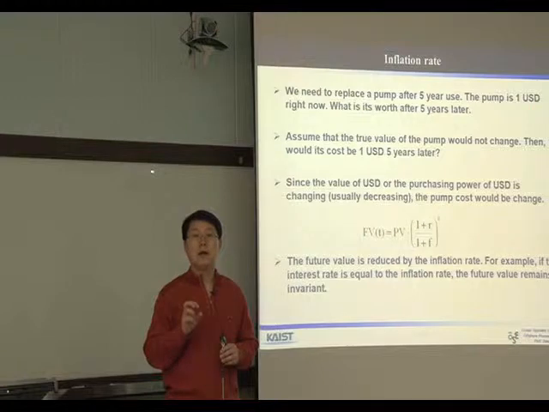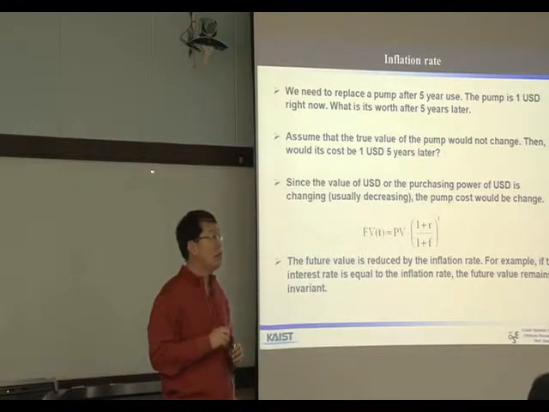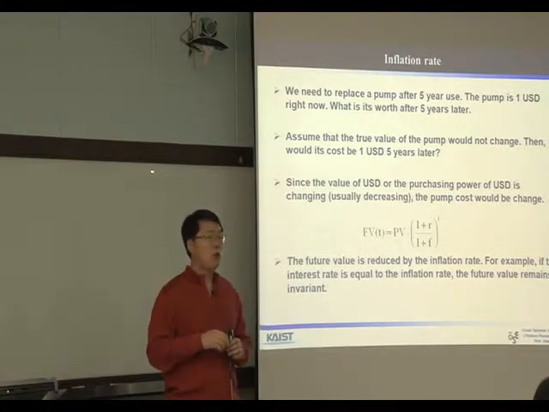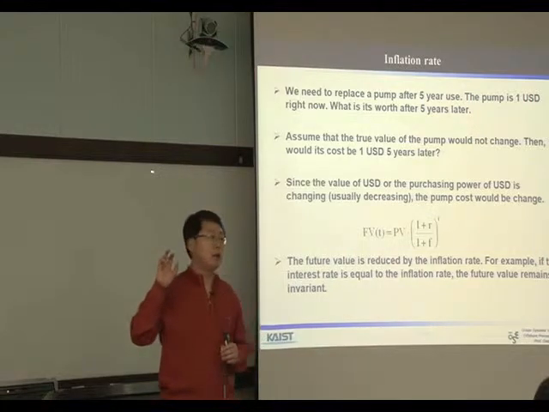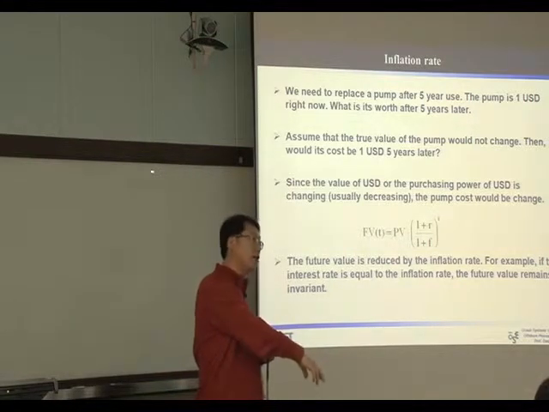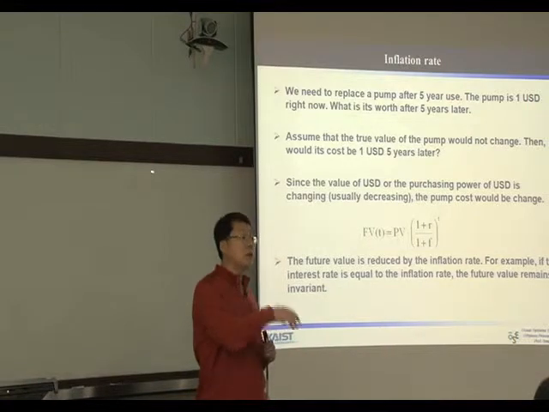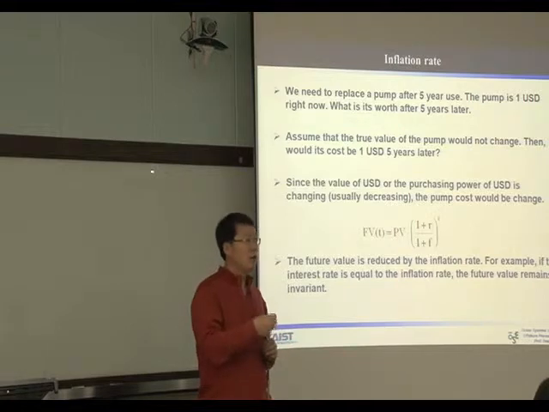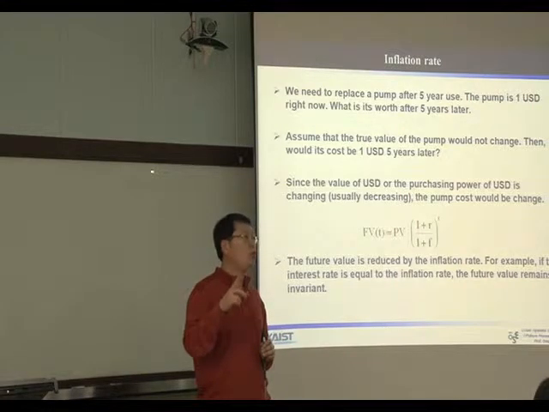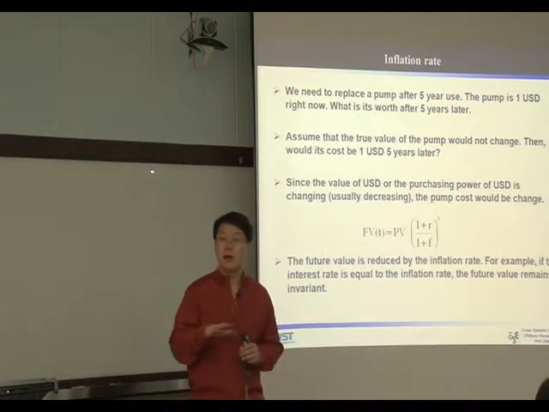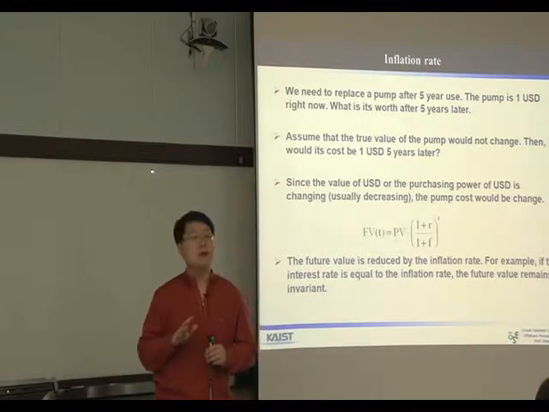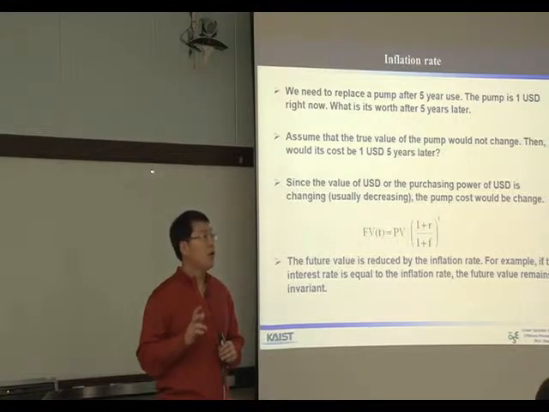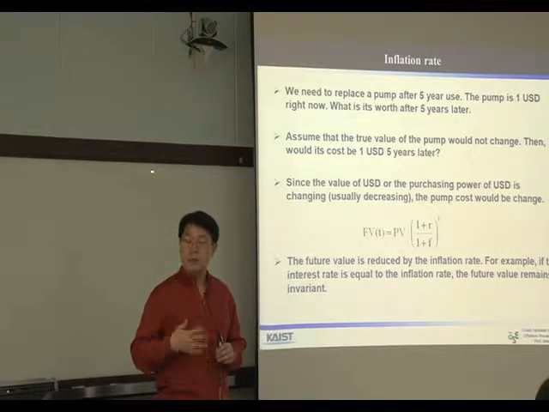What I mean is that I can deposit $1 in the bank. After 1 year, my money will grow to $1.1, but the absolute value of the $1.1 is nearly the same as that of the $1 for the time being.